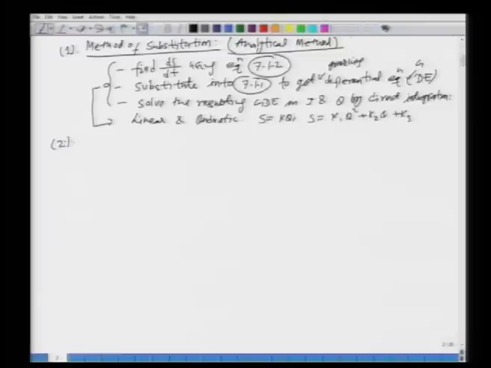We will not go too much into the detail of this. Then we have the second one, which is called the numerical or approximate solution or approximate methods.